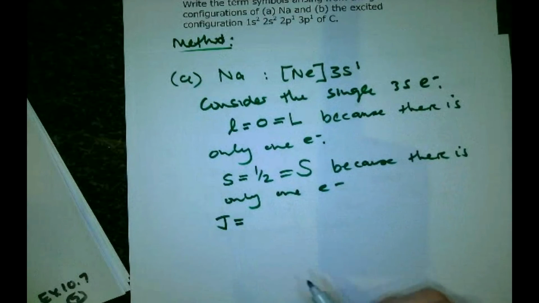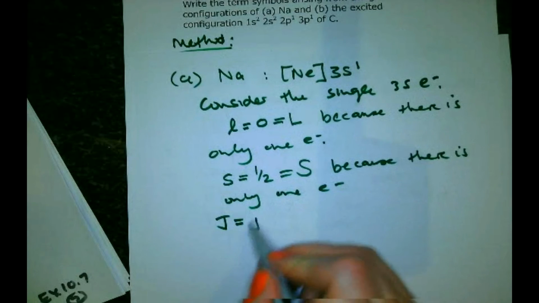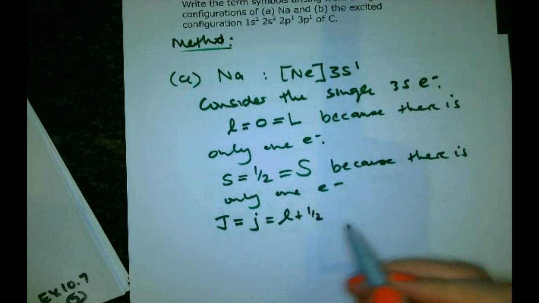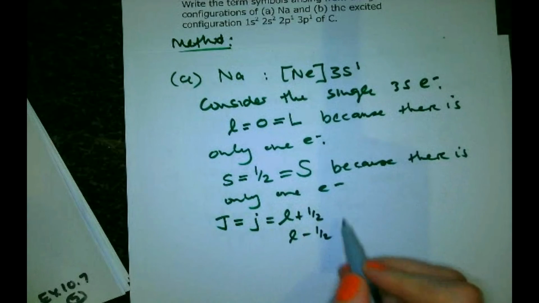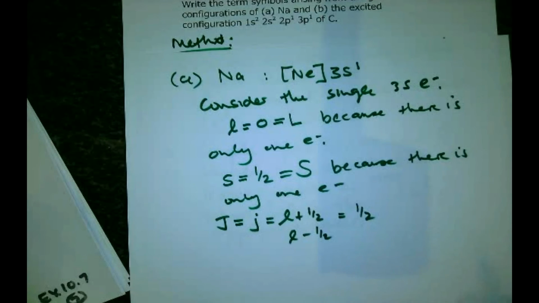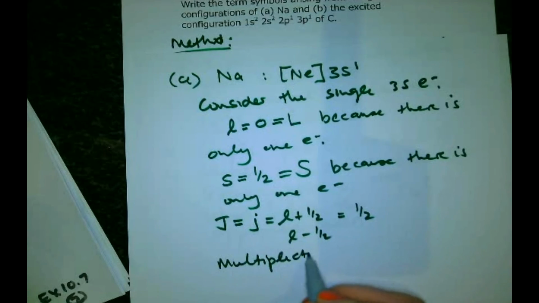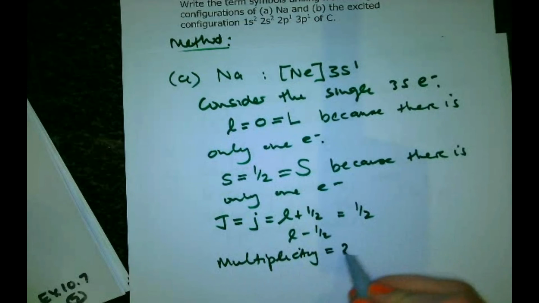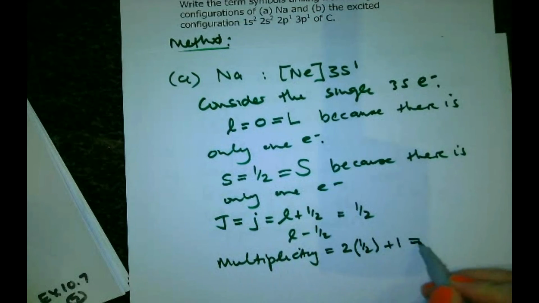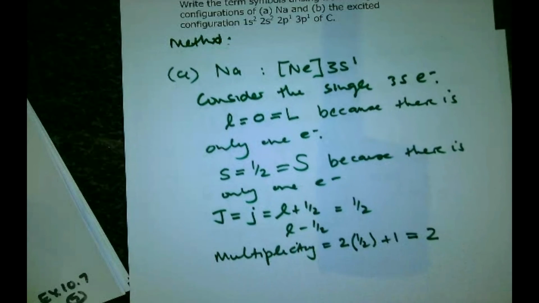So J in this case is equal to L plus a half, which is the same as L minus a half in this case. 0 plus a half is equal to 0 minus a half, stays a half. Multiplicity is 2 times S plus 1, which is equal to 2.